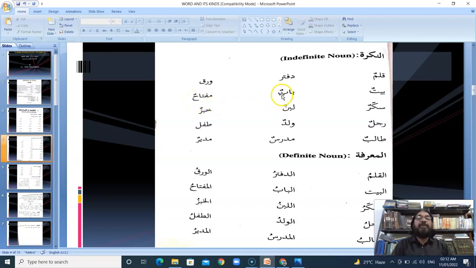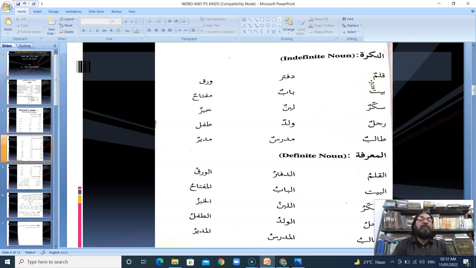So this double pesh is also an indication of a common noun. Always an indefinite noun will be without alif lam, because alif lam is the definite article of the Arabic language.